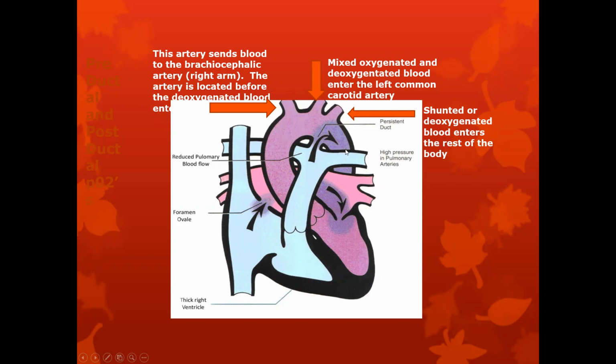And then post-ductal is going to be after the ductus arteriosus. And if there's any shunting going on, you're going to see a value that's lower than the right radial. So post-ductal blood may have a lower oxygen content because of shunting.